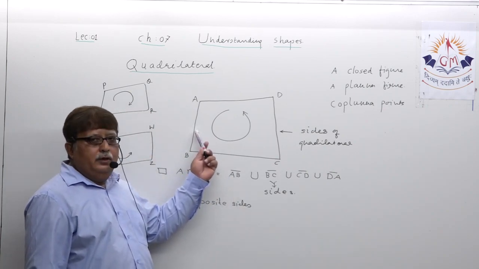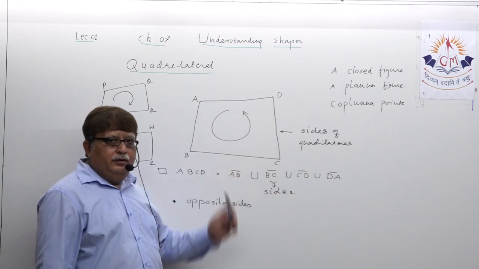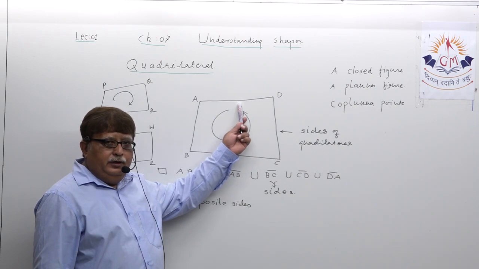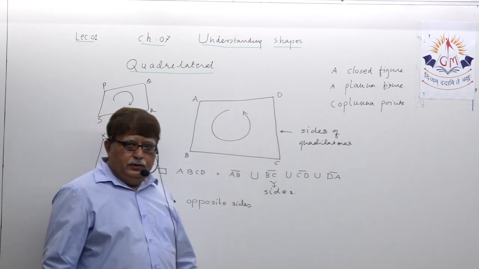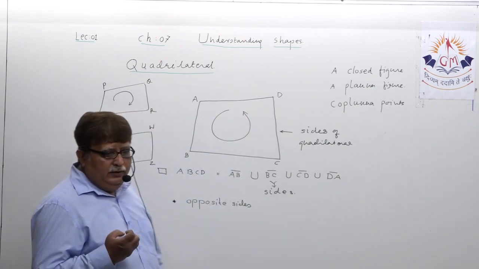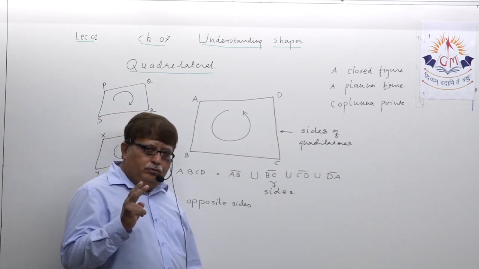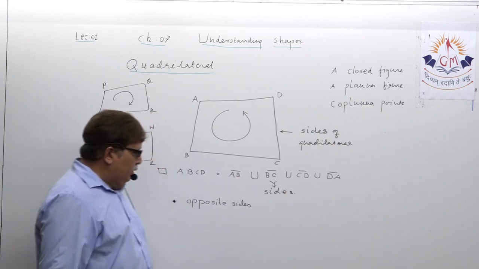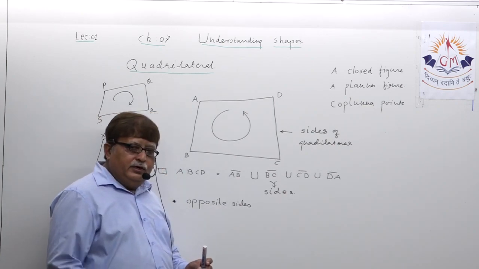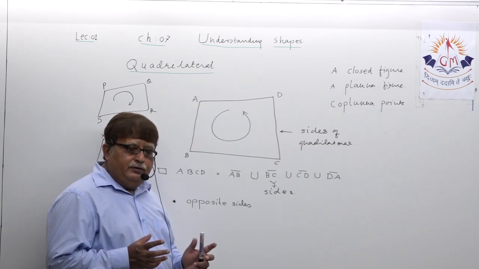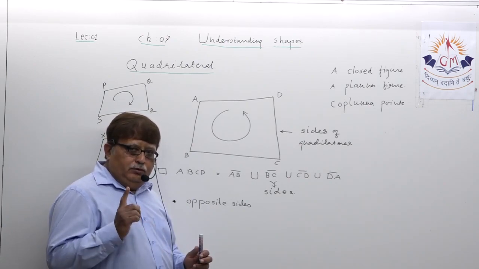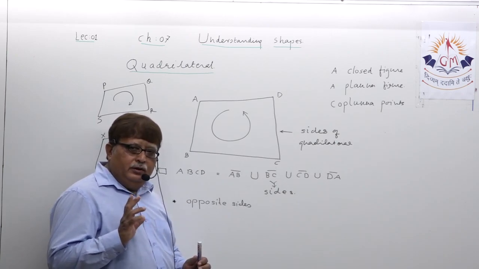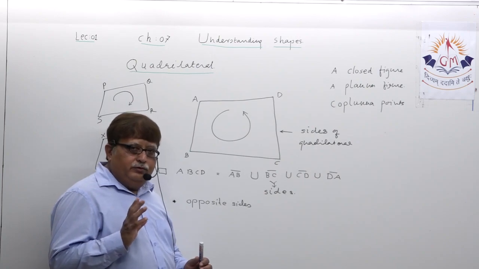First pair AB and CD. Second pair AD and BC. A quadrilateral has two pairs of opposite sides. What do you mean by opposite sides? Those two sides which do not have any point in common are called opposite sides.